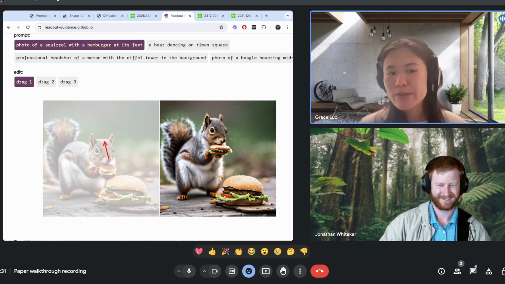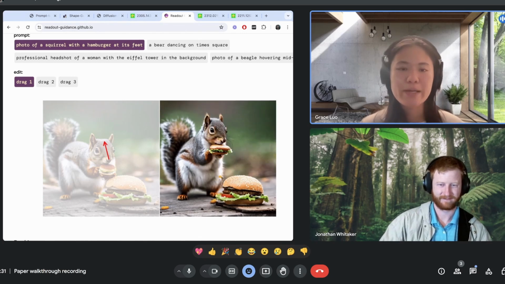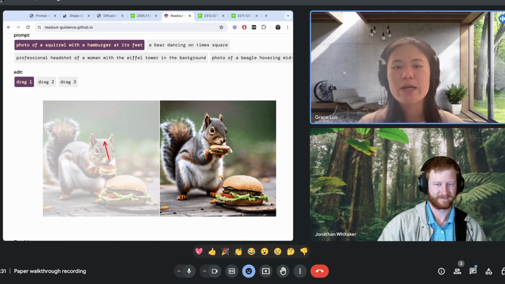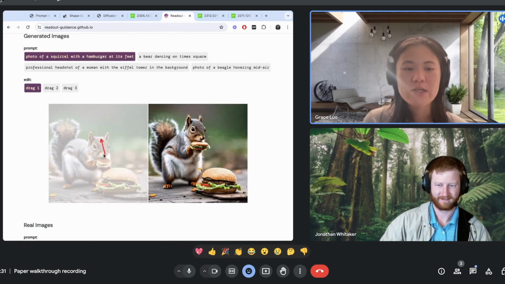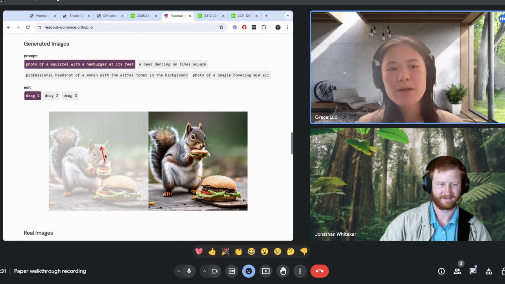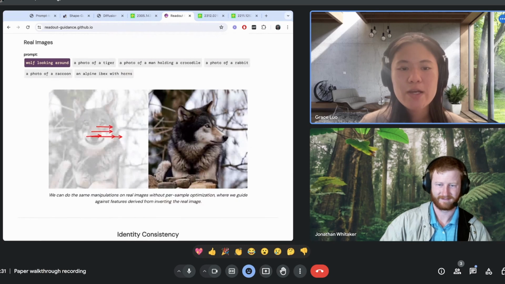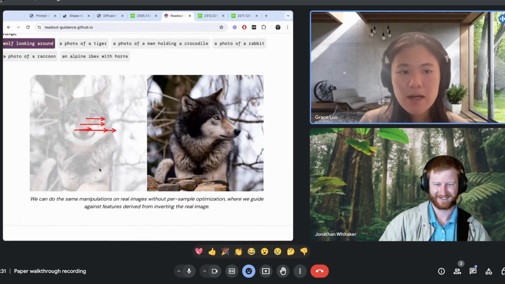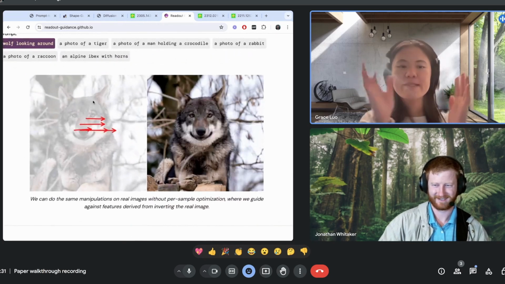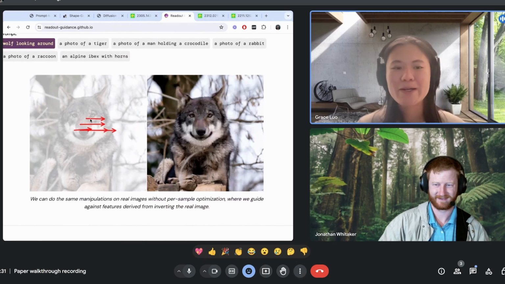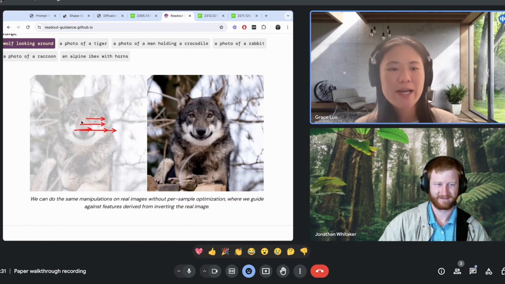And so by simply using these two readout heads, one for correspondence, one for appearance, we're able to do these drags of, essentially, okay, I have this nose, I want to move it up for this synthetic image. And you can also do it for real images. So essentially, if you have this image here, this was kind of fun, where I ran a point tracking algorithm.